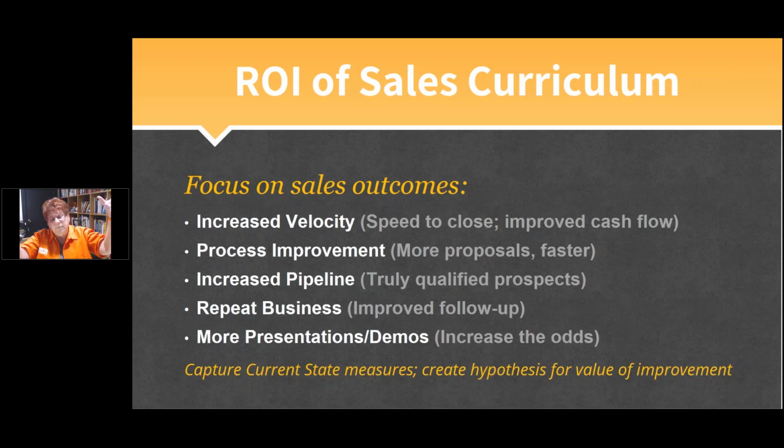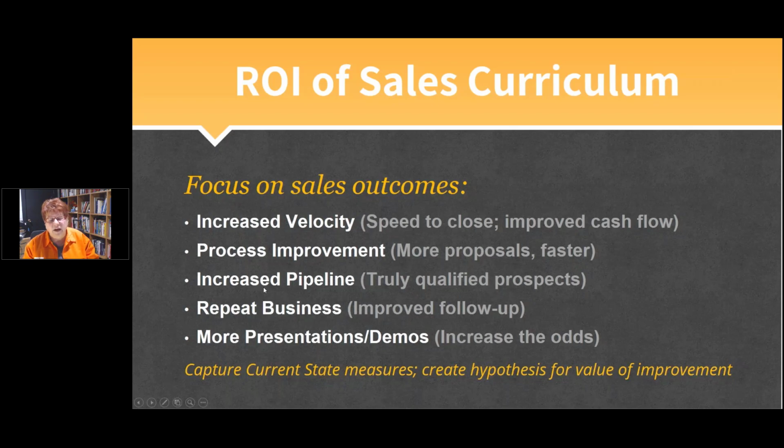So the bigger number of qualified prospects is going to increase the odds. We're going to look at velocity, speed to close, which has a direct impact on cash flow. The sooner we can get to close, the sooner we can get the money in. That immediately raises the health of the business.